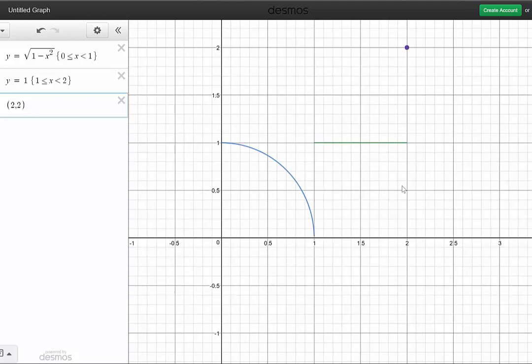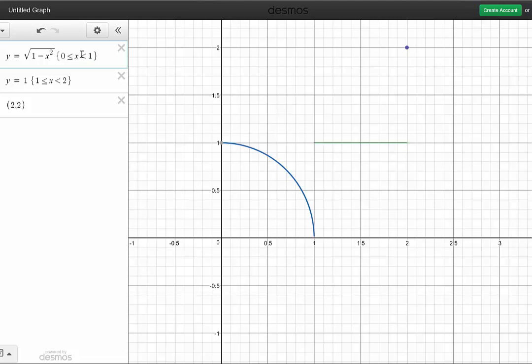Part B wants us to find point C where the limit exists. Well, when x is greater than or equal to or less than or equal to something, there is a solid dot there. So we have in our first function that x is greater than or equal to 0, so right here would be a solid dot. And we also have that x is less than 1.